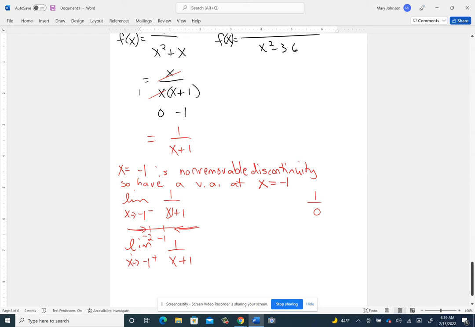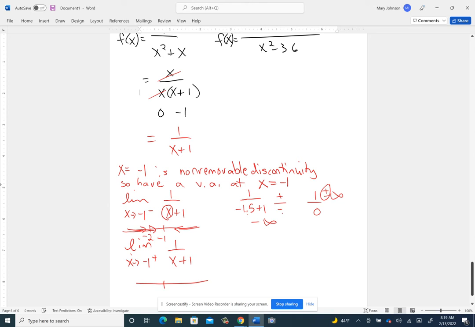If I approach -1 from the left, you want to test what happens if I come from like -1.5. See how I'd have a positive over a negative? I know it's going towards an infinity of some sort. I just need to decide which one. When I plug in -1.5, which is like coming to -1 from the left, I get a positive over a negative. So that's going to be negative infinity.